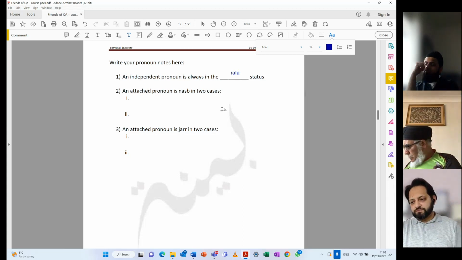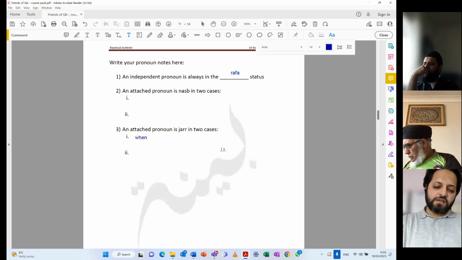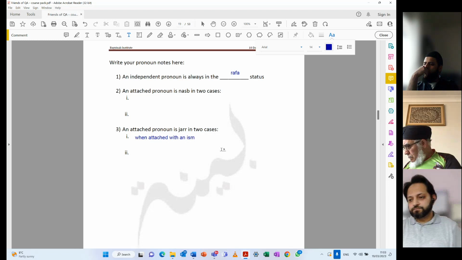You've not done this part. An attached pronoun is jar in two cases. You've done one part. When is the attached pronoun jar? When it's attached to an ism. The rest we will do as we learn.